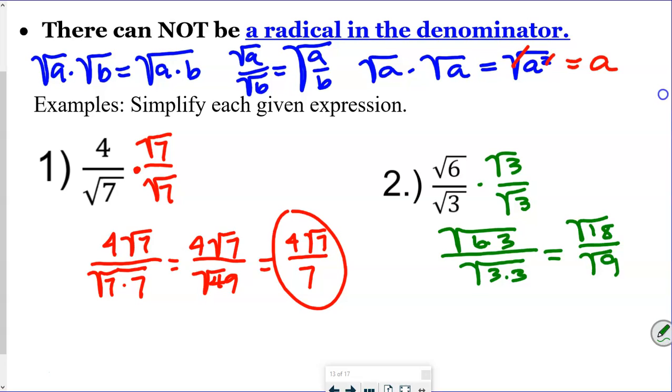Now, I'm going to show you something else in just a minute, okay? So we could actually put these under the radical right now, or we can keep simplifying this. So this is equal to the square root of 9 times the square root of 2 over the square root of 9. This is 3 square root of 2 over 3. Those cancel out, so we're at square root of 2. One of my students also said, couldn't we have started that way?